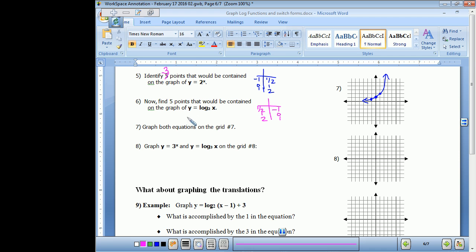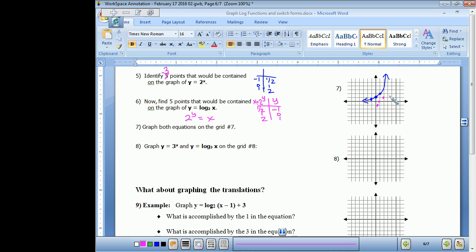Well, if we switch forms right here, we get 2 to the y equals x, don't we? So the easiest way to solve for x is to plug in values for y. So that's why we make our y -1, 0, and 1, because it's really easy to plug those in and get out our x's, because x is 2 to the y. Then when we plug them in, it gives us an easy x to follow. So we've got 1/2, -1; 1, 0; and 2, 1.